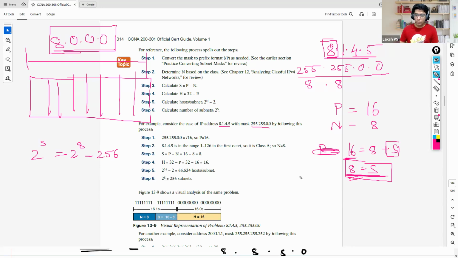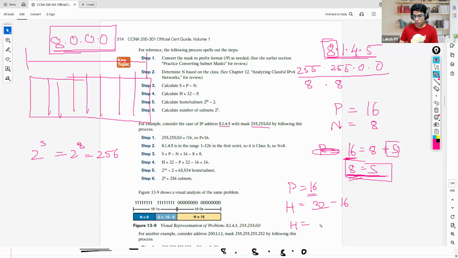Now we have P equal to 16, the total number of ones that we have. In an address mask, you have ones and you also have zeros. Zeros denote the number of hosts, correct? If you have 16 ones and our IP address is a 32-bit number, out of these 32 bits we already have 16 bits of ones.